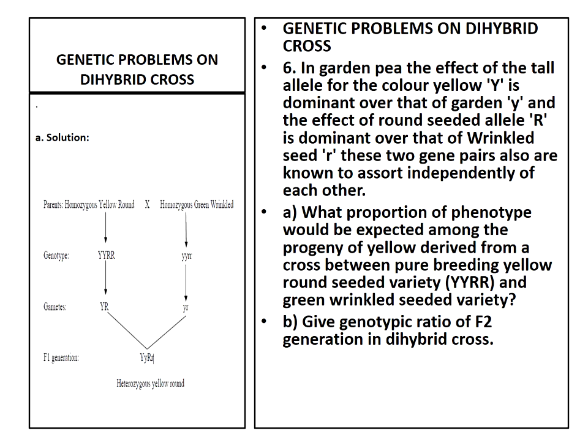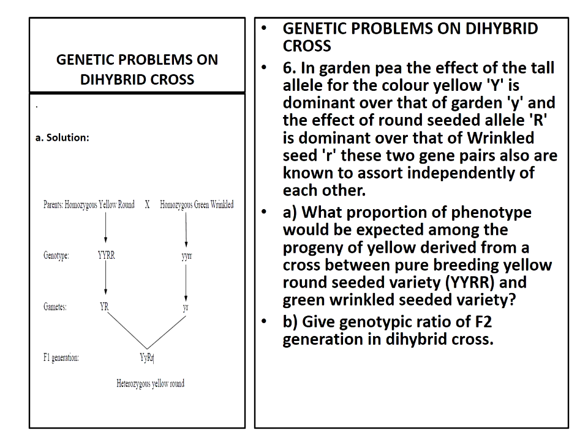crossed. So, let us move on to the question of dihybrid cross. In garden pea, the effect of the allele for the color yellow, that is capital Y, is dominant over that of green, small y, and the effect of the round seeded allele, that is capital R, is dominant over that of wrinkled seed, that is small r.